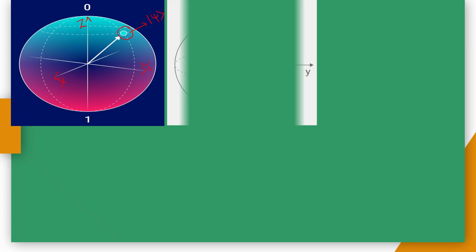So this is a three-dimensional sphere. This point relates to the state vector psi. This is the x-axis, this is the y-axis, and this is the z-axis. The point related to a particular quantum state is represented as a point on the Bloch sphere.